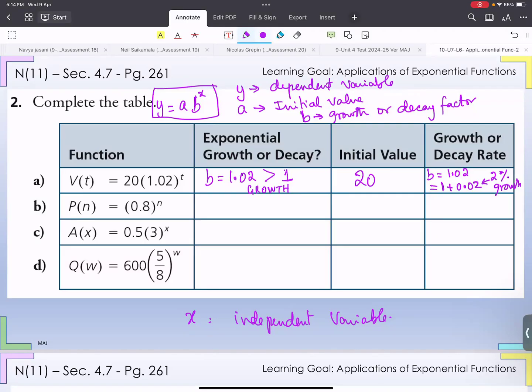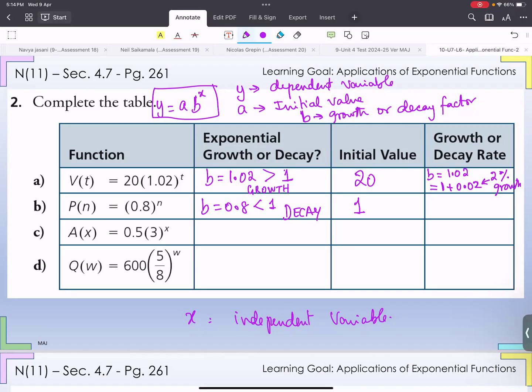Here, for the next one, b is 0.8, which is less than 1, so it's an exponential decay. The initial value is 1 because there's nothing multiplying here, which means it's 1 multiplied by.